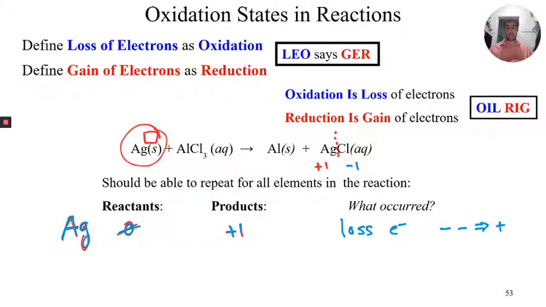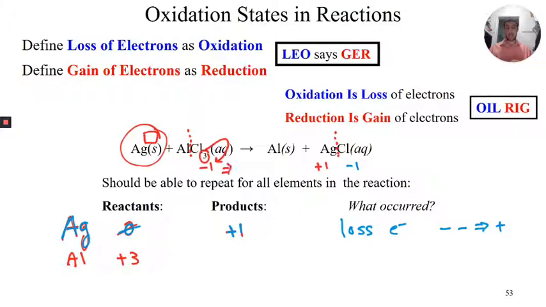If we go through and look at the next one, let's say aluminum. Again, this is an ionic compound, so we can split it into the ions. Chloride's a -1. Aluminum, I'm required to know, is a +3. If I didn't do that, is there another way I could have figured it out? Well, there's 3 chlorides.